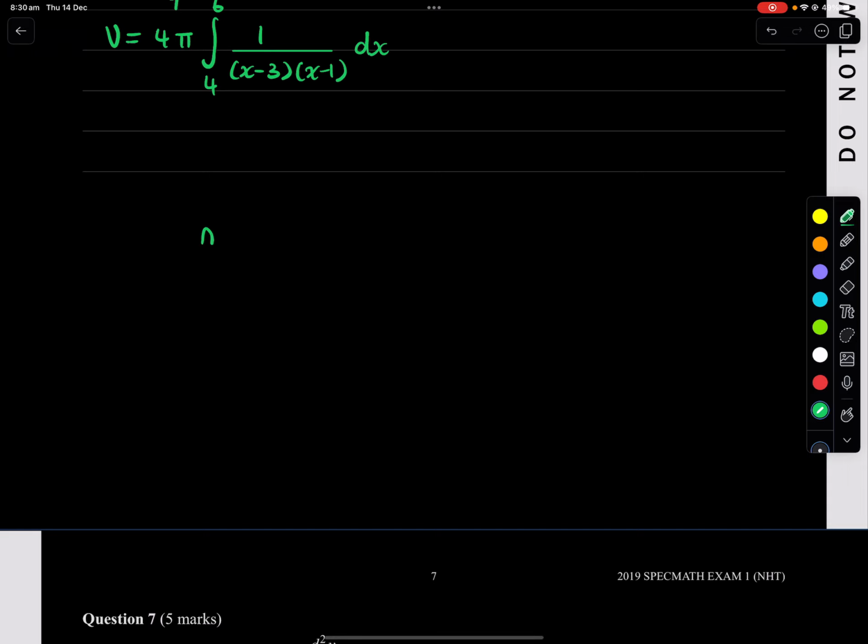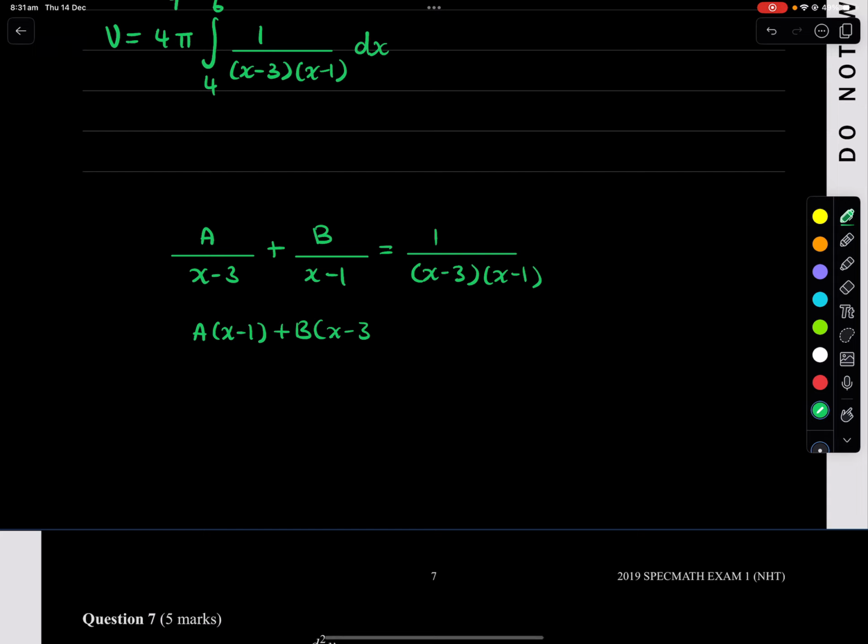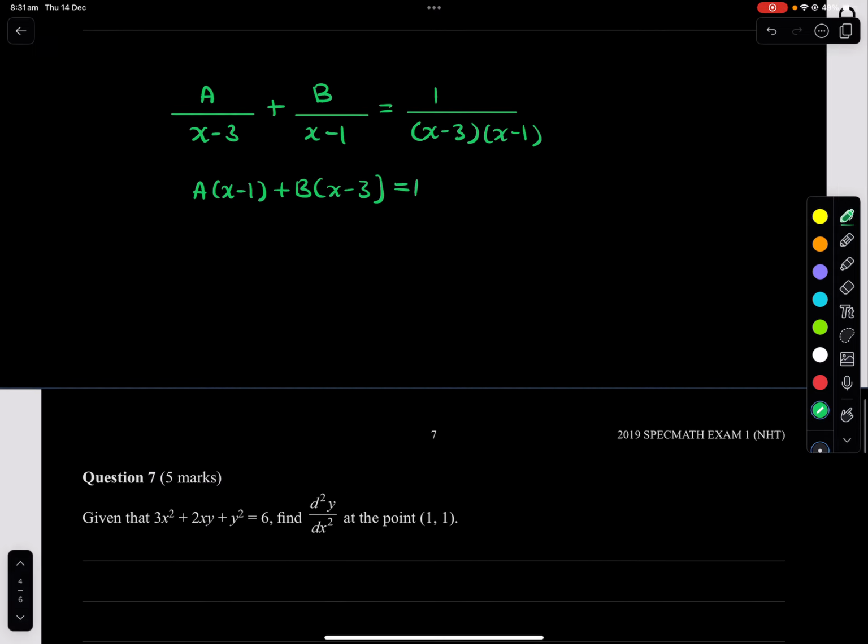So of course we're going to have a divided by the first one, which is x minus 3, plus b over x minus 1, and that overall should equal 1 over x minus 3, x minus 1. Multiplying all these, we get a times x minus 1 plus b times x minus 3 should equal 1.